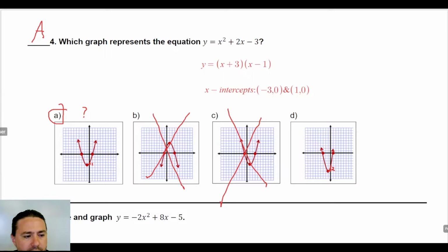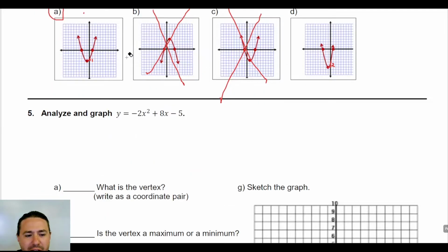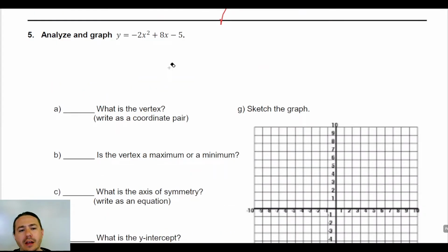All right, so let me erase this little question mark now that we've actually answered the question. Good, so let's look at number 5. We want to analyze and graph this. So the first thing I want to do is see, can we factor this? So let's go through the process of factoring. When the a value is 1, it's a little bit easier. When the a value is not 1, it's a little trickier. It may not even be able to be factored, but let's see if it can be.